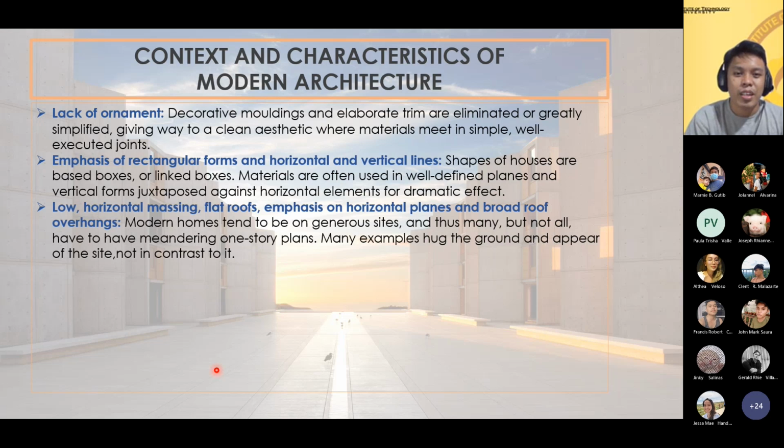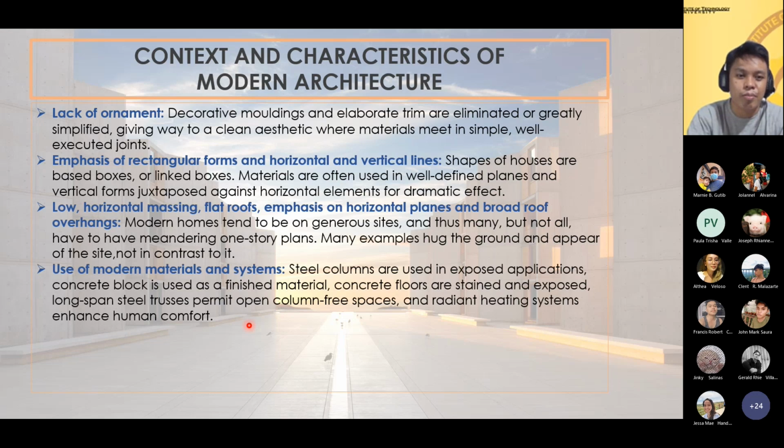In terms of low, this time the buildings are being lowered based on the need of people. Before, buildings were very tall, with floor to floor heights of 6 meters, 9 meters, because of the palazzo. This time around, since they are office buildings, residential buildings, condominiums, they tried to lower the height based on the need of the user.